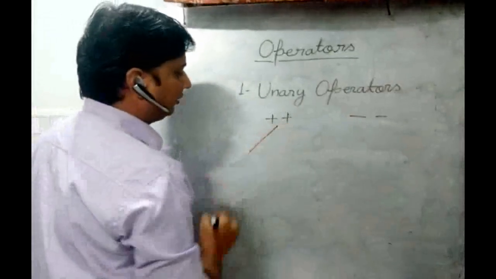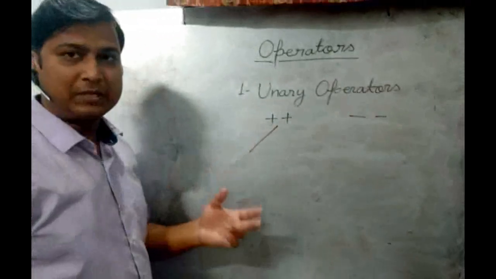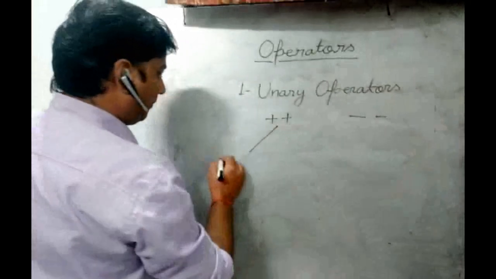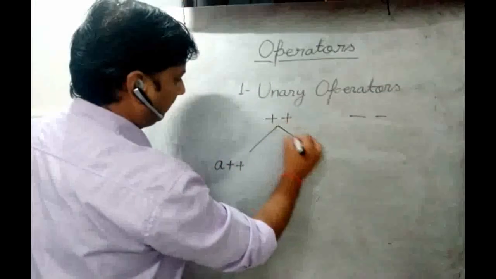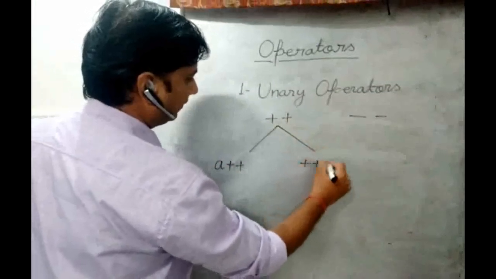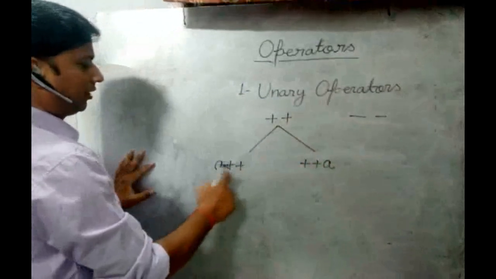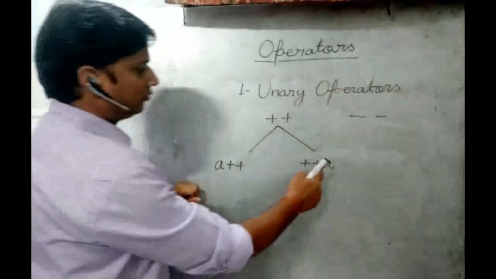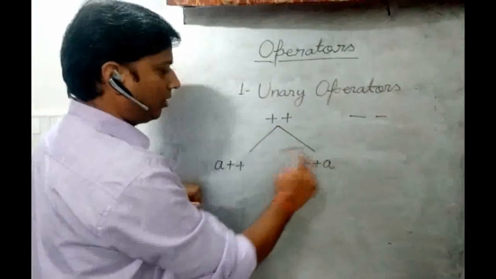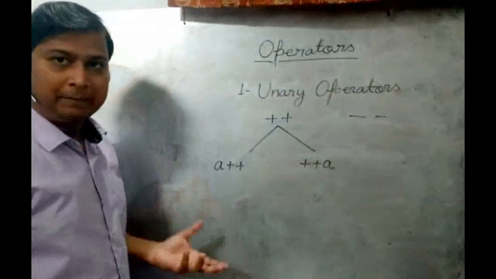We use the increment operator in expressions in two different forms: post-increment and pre-increment. If we use the operator after the operand, it is called post-increment. If we use the operator before the operand, it is called pre-increment.